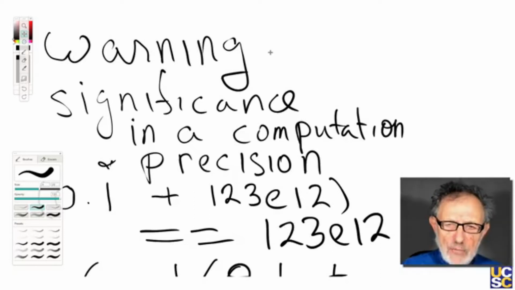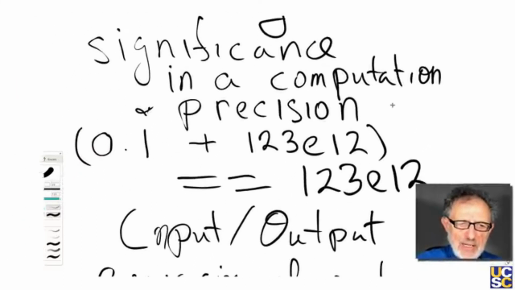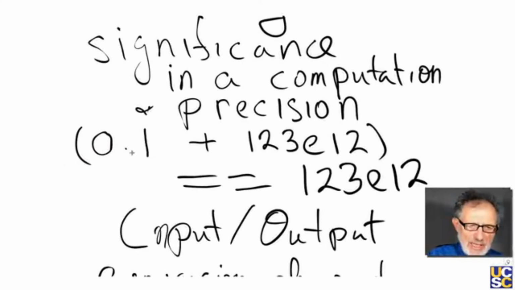And think about where this could show up. You might have a computation which looks okay, like you've added a tenth, the real number a tenth, to the real number 123 times 10 to the 12th power. By real number I mean double.